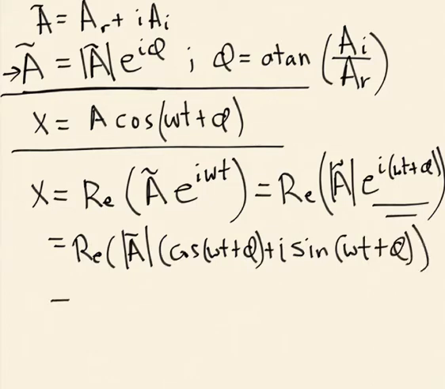Okay, and of course that just gets me a twiddle magnitude. So this is just some real number times cosine omega t plus phi. Okay. All right, so this just shows that my oscillatory solution is equivalent to the real part of a complex exponential. Okay, now why is this useful?